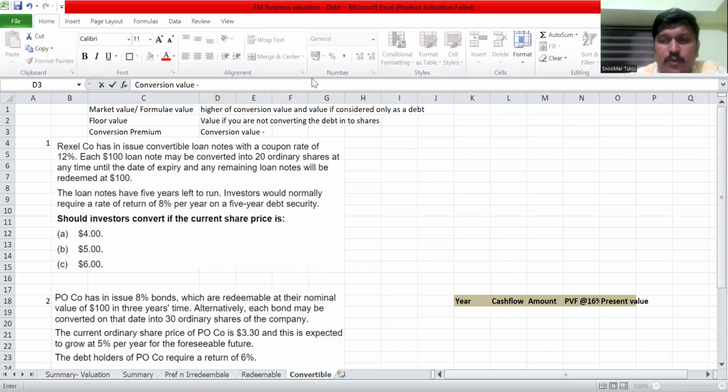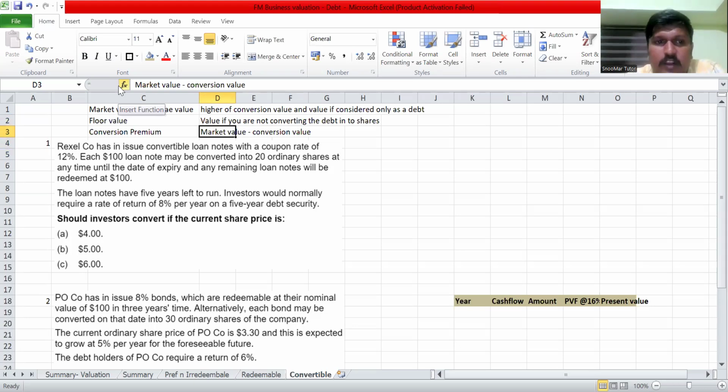Basically, conversion value is the value you would get by converting right now, and you deduct that from the market value, which we have calculated in the first stage. Market value minus the current conversion value will give you the conversion premium. So the question might be asking for all three values, or just the market value only.